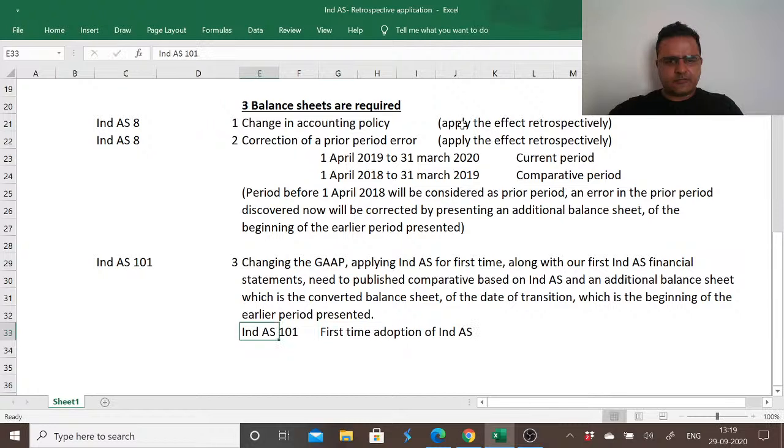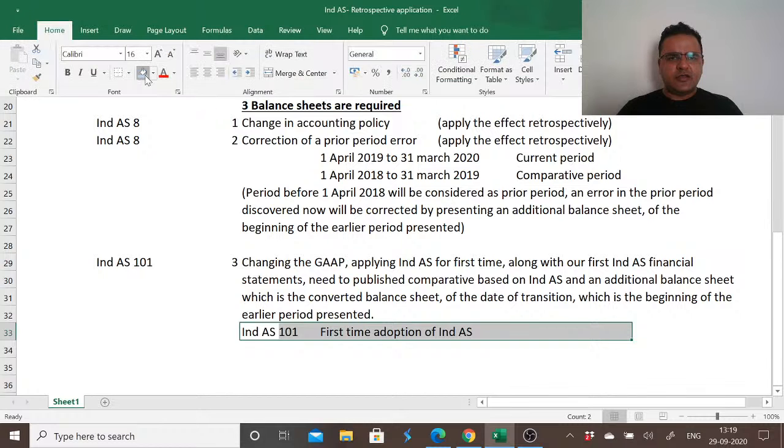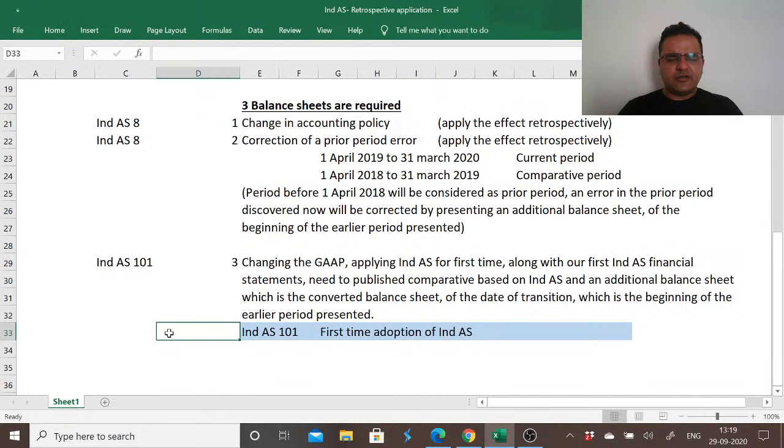we had no choice other than applying or using the standard Ind AS 8, because the only standard available was Ind AS 8, which said that if there is any change in accounting policy, we need to apply the effect retrospectively. Now, when we are changing the GAAP, we are using new recognition and measurement principles, that is actually resulting in change in accounting policies.